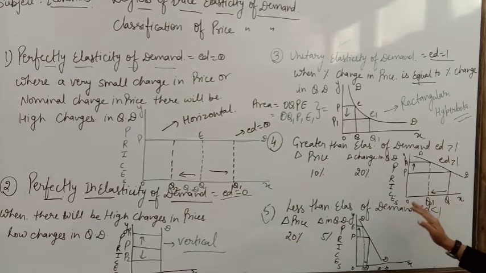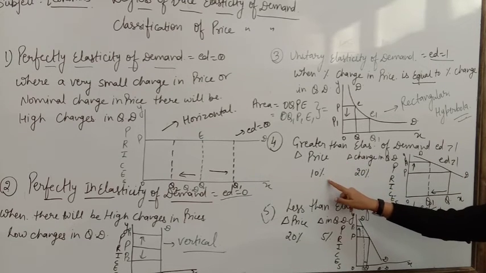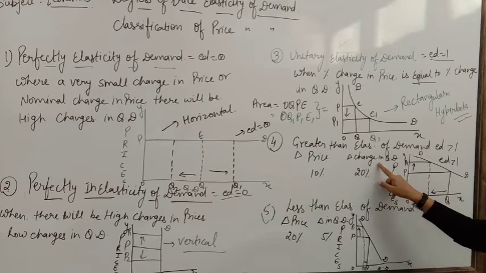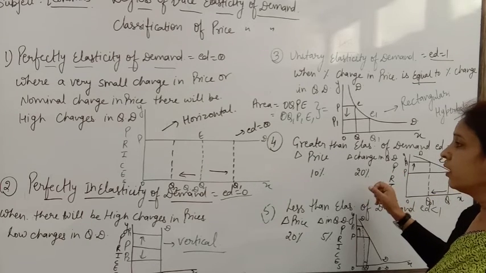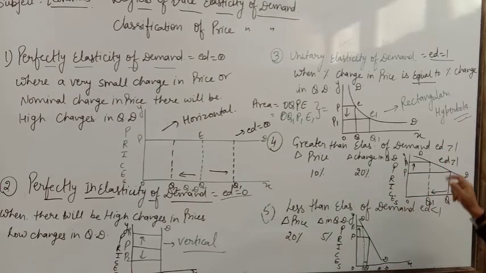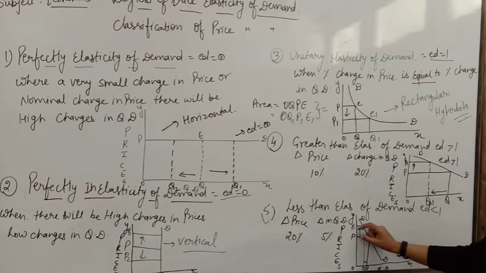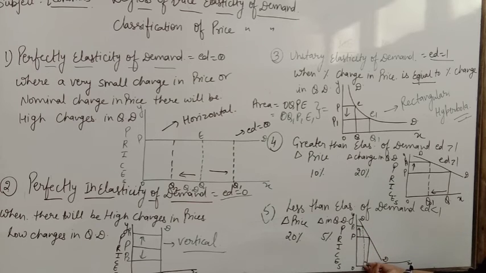Clear? Now greater than one, when the percentage change in price is lower but the percentage change in quantity demanded is higher. This kind of elasticity is known as ED is greater than 1. Less than one elasticity of demand, in which there are higher changes in price but quantity demanded changes less. That situation is known as less than one elasticity of demand.